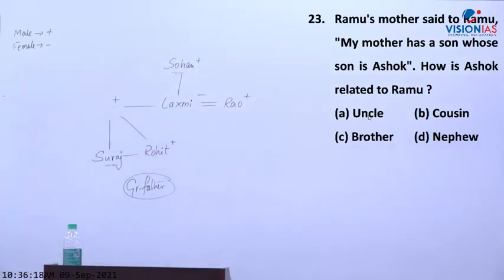Ramu's mother said to Ramu, my mother has a son whose son is Ashok.